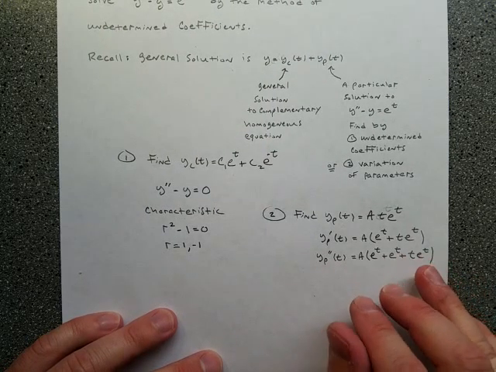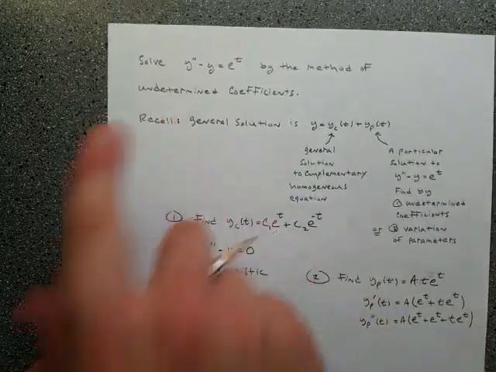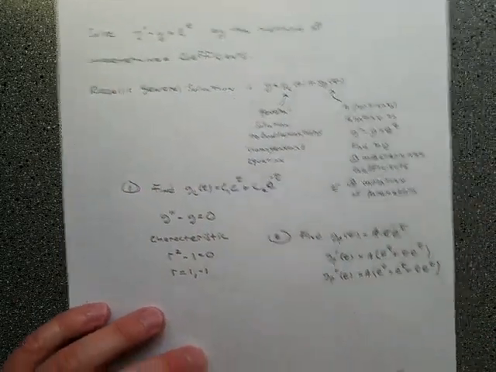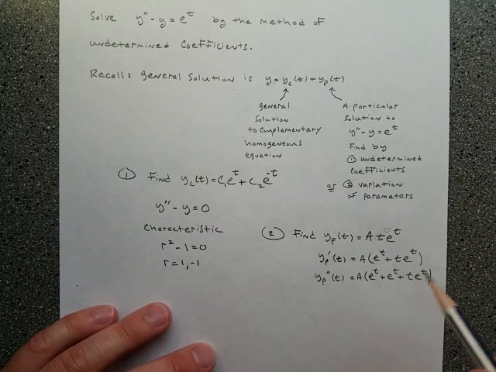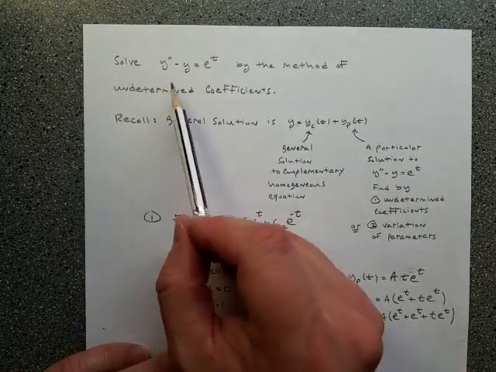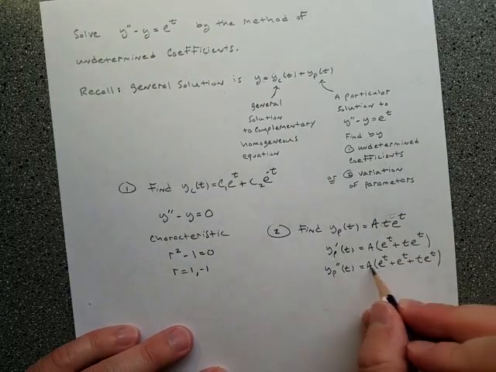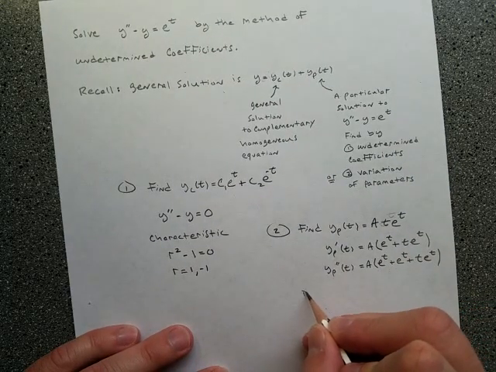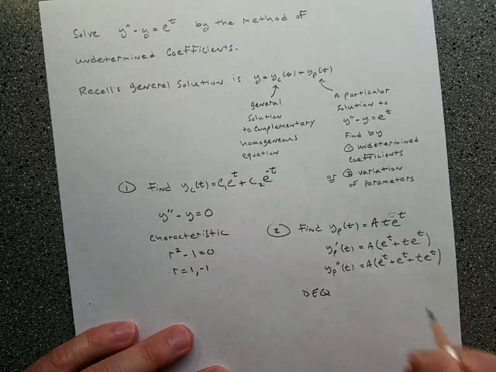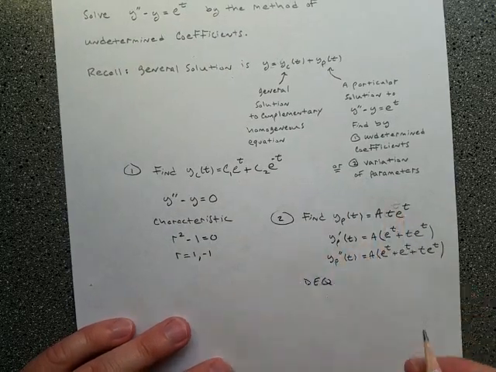So I'll leave it like that, and I'll tell you what that differential equation would look like if this was the assumed solution. Okay, so y double prime minus y is equal to e to the t. Here's what that would be. We would get this. So here's my differential equation with this assumption.